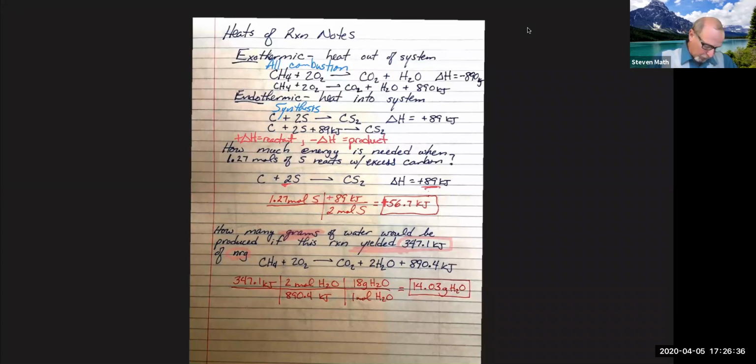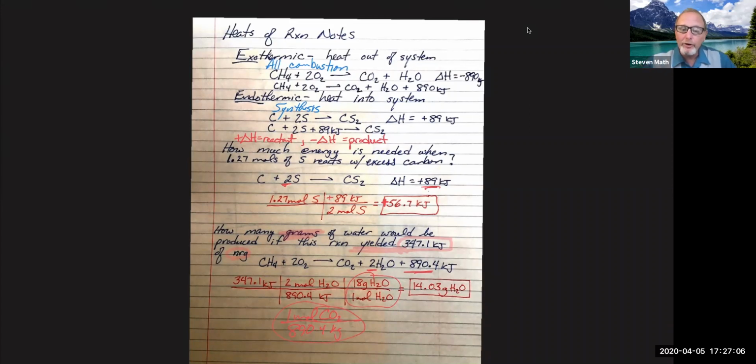then it's 2 moles of H2O, use your coefficients, per 890, and then turn that into grams. 18 grams of H2O. If this was going to be for CO2, we would say 1 mole of CO2 per 890.4 kilojoules of energy. We can make this ratio anything.